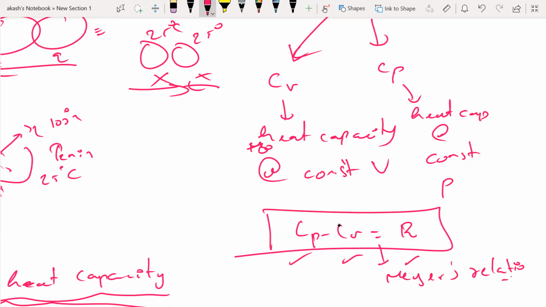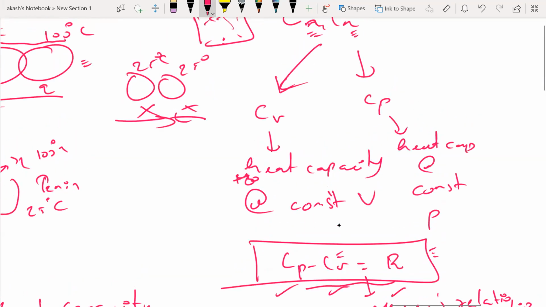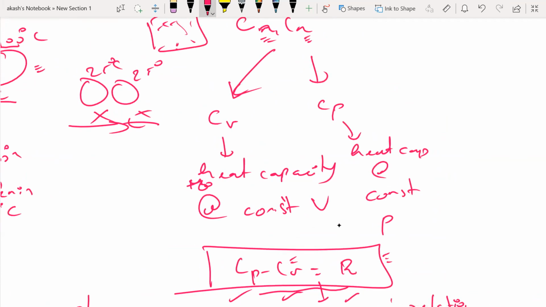You will have a derivation for this in your physics, since the chapter there is thermodynamics, while what we study here is chemical thermodynamics. It is very, very important to remember this relationship. If you know one of them, the other can be easily calculated. So that is about the different heat capacities you can have, CV and CP, and the relationship between them.